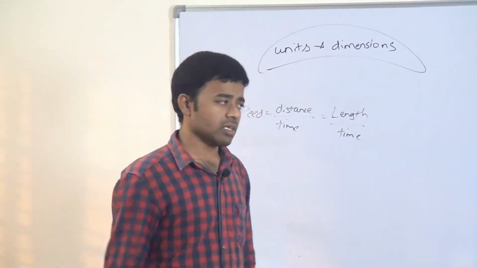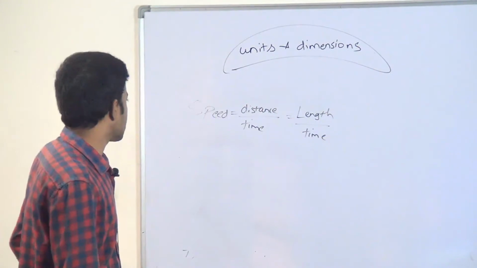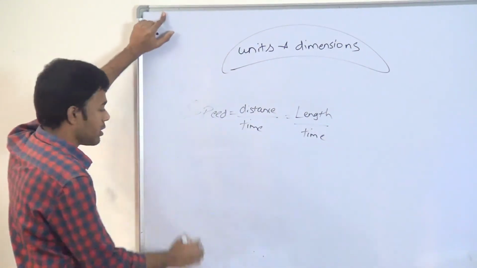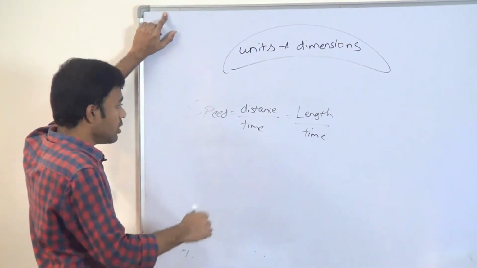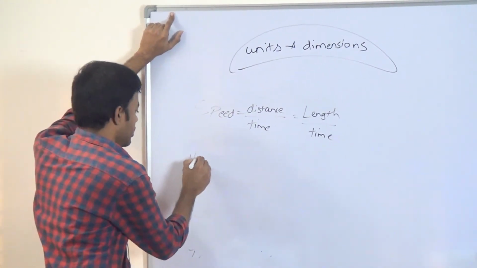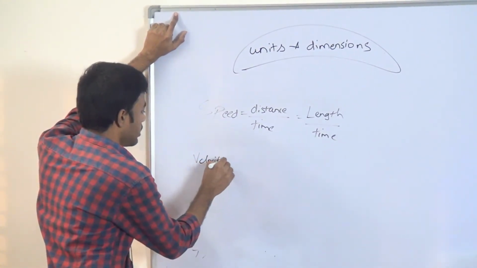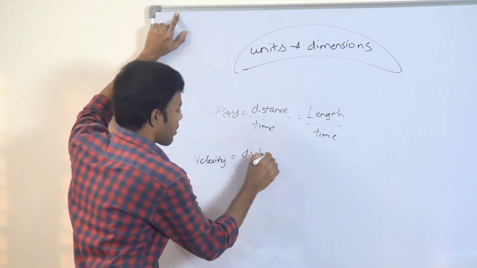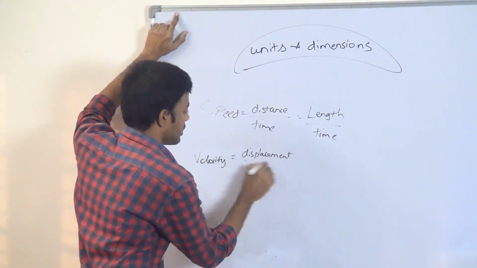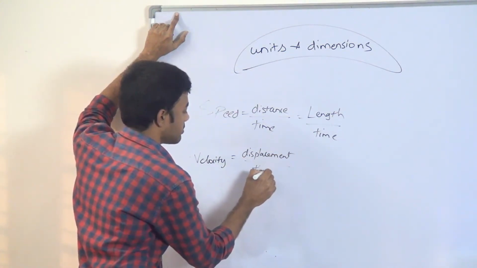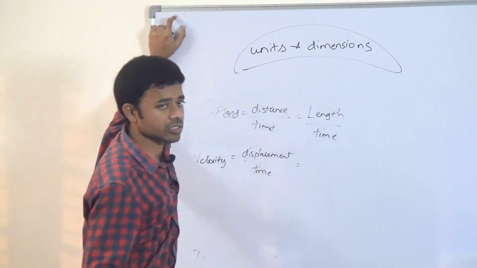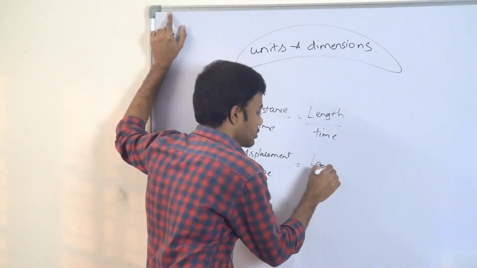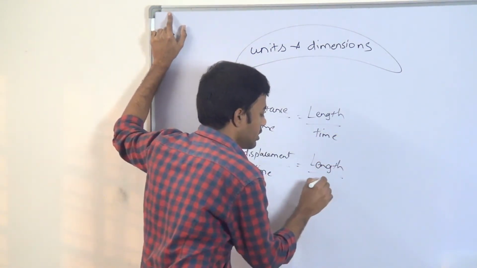If you want to indicate velocity, velocity equals displacement by time, and displacement is also a length, so it is length by time.